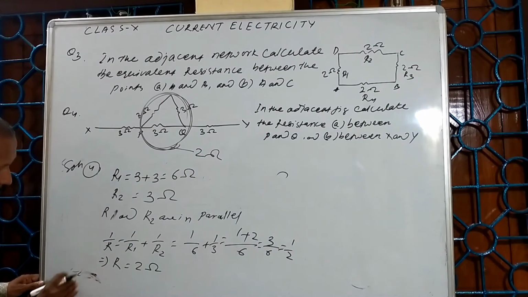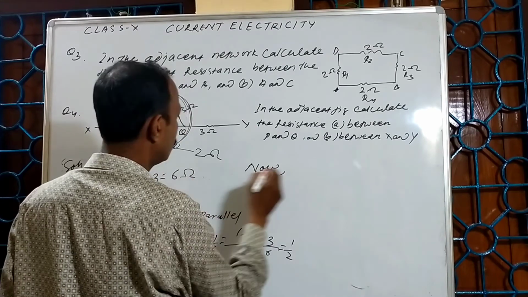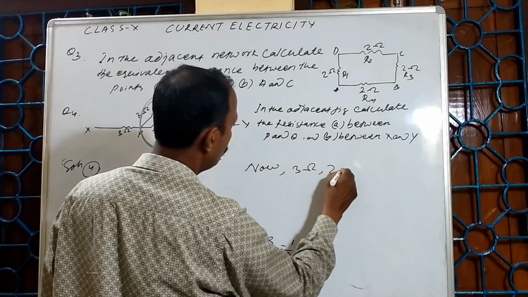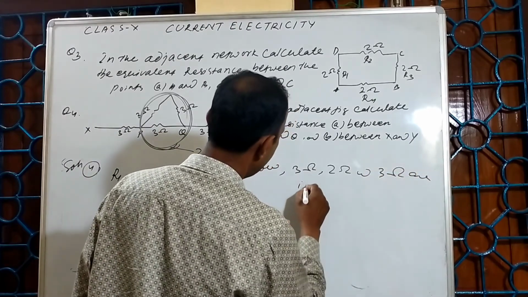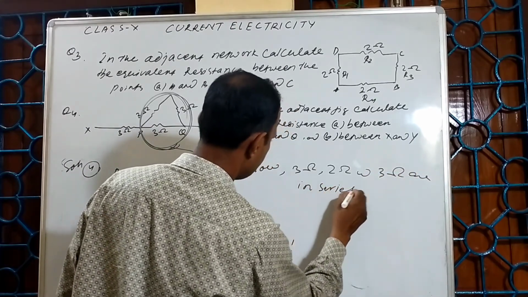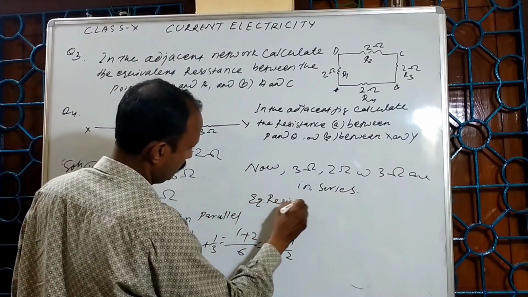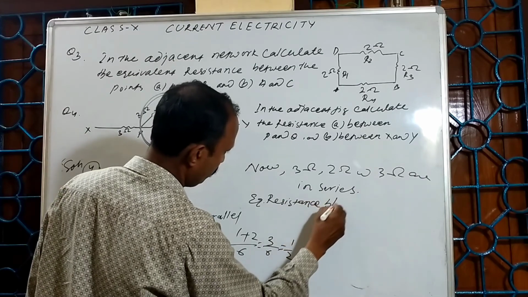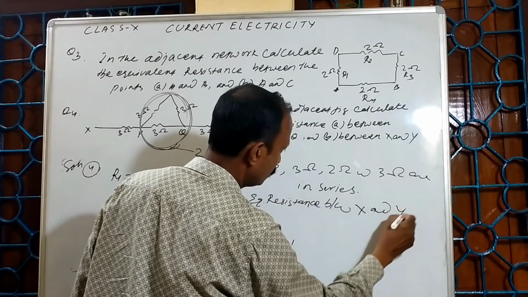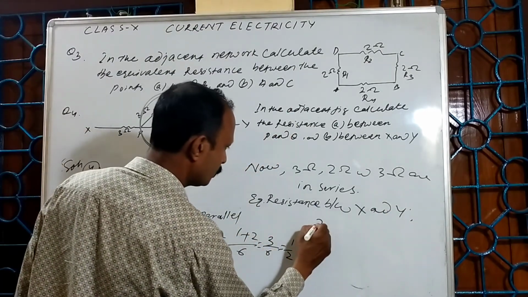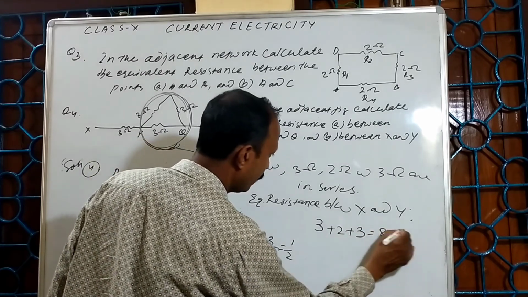Now this 3 ohm, 2 ohm and 3 ohm are in series. So I can say that the equivalent resistance between X and Y, that is 3 plus 2 plus 3 is equal to 8 ohm.